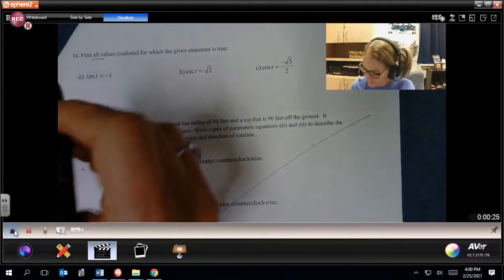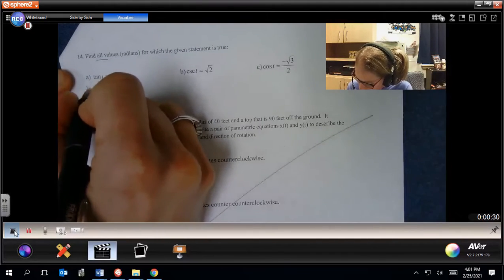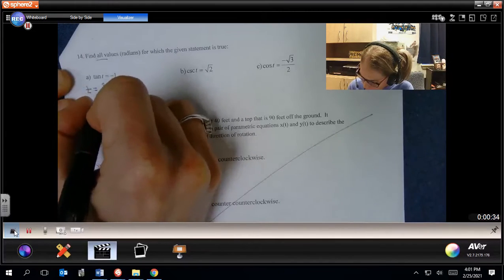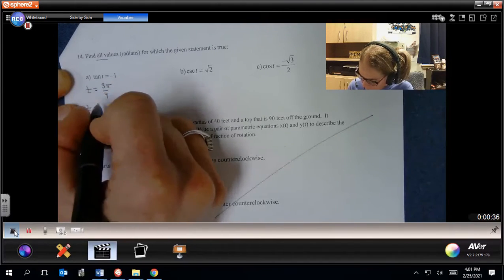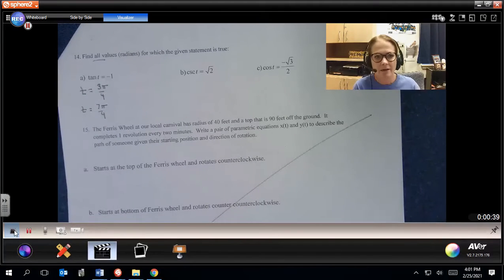Okay, and so this is going to occur, for tangent, in quadrant 2 and in quadrant 4. Typically we would cycle both of those by the period times n for infinite cycles.